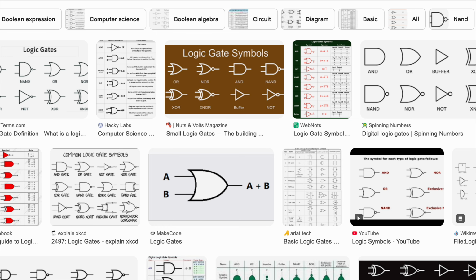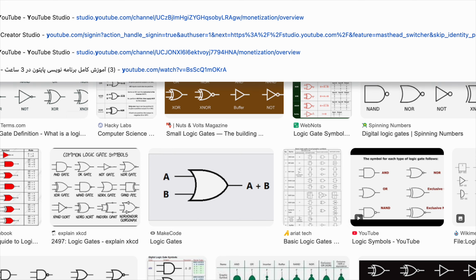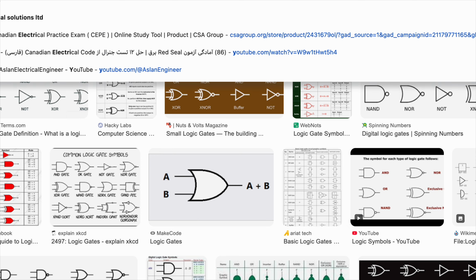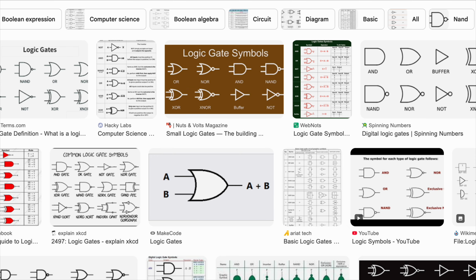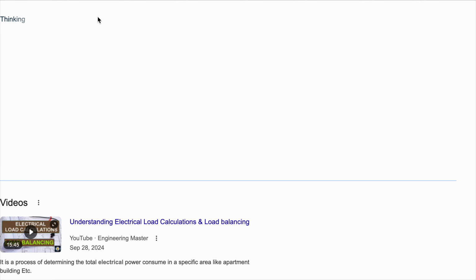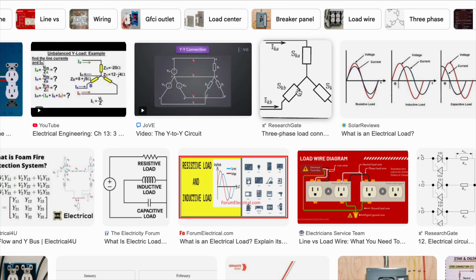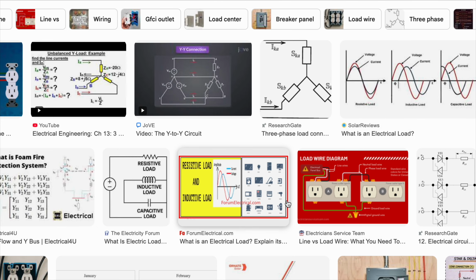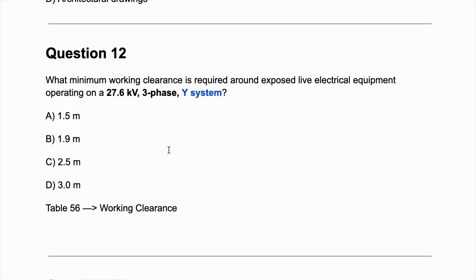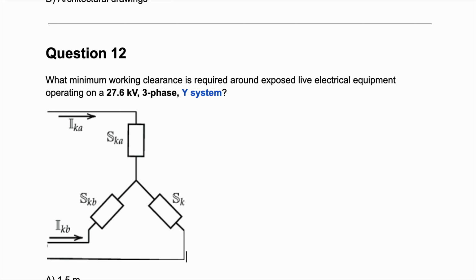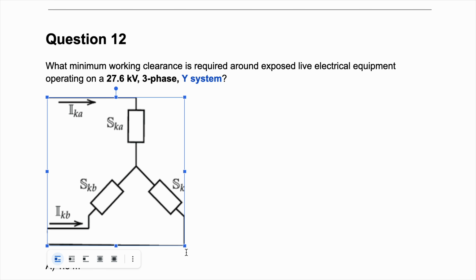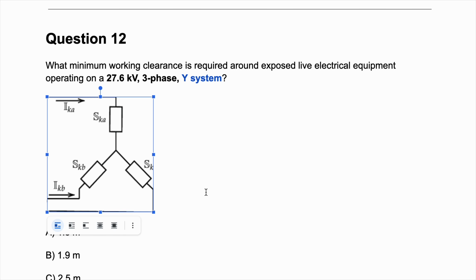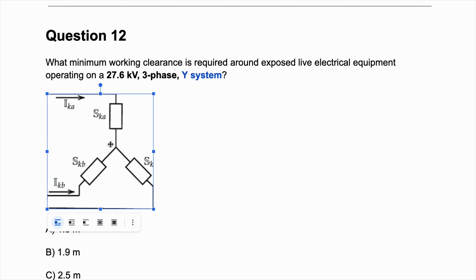Let me find Y electrical load. This is Y. In the Y system, you have a point like this.